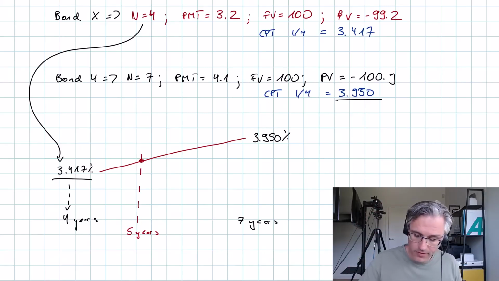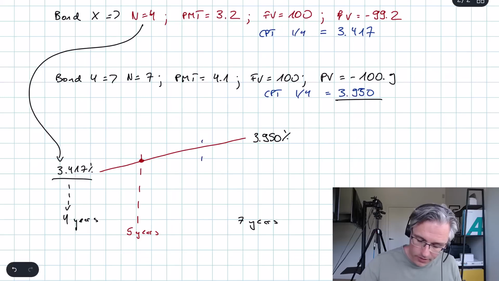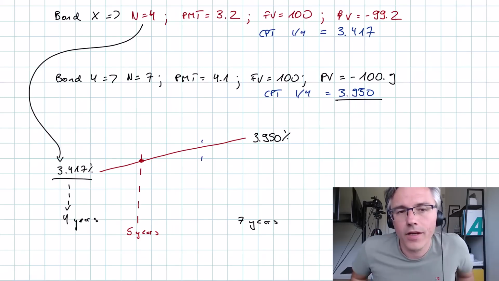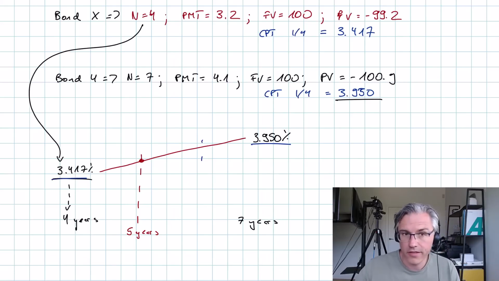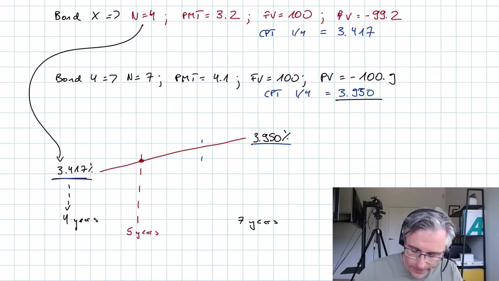It's going to be somewhere here. If it was a 6-year bond, it would be there. It's not going to be as high as 3.95, it's not going to be as low as 3.417, but somewhere along the way, and it's a linear function.